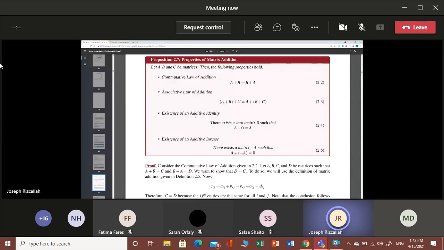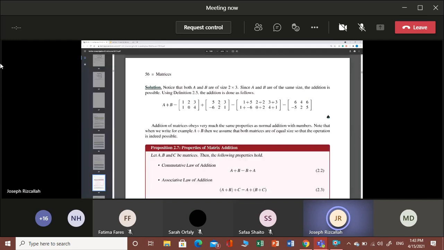Now, there is also an identity element for the addition of matrices. It is the zero matrix. So if you take the zero matrix and you add it to a matrix of the same size, of course, it has to be the same size, then you will get the same matrix. So for example, here, let's say we had instead of this matrix the zero matrix, which means all the entries are 0, then you can see easily that if you add all the zeros to the corresponding numbers here, these numbers will not change, will stay the same.